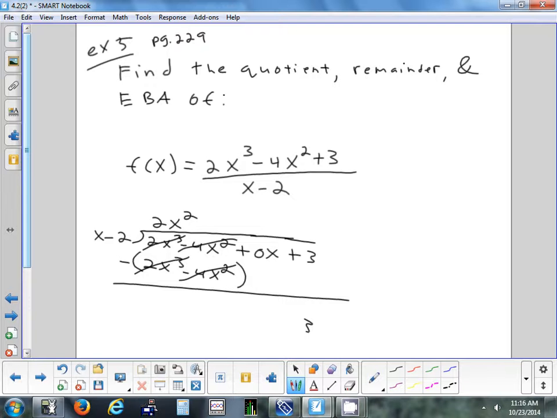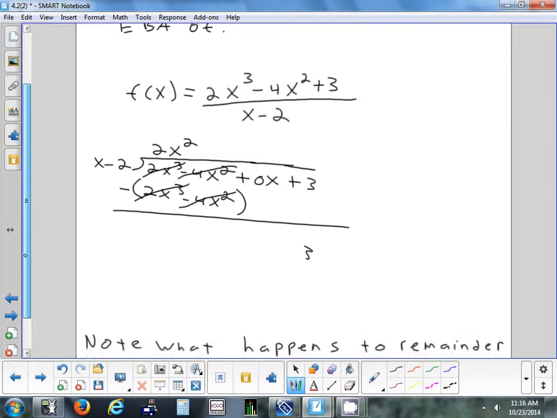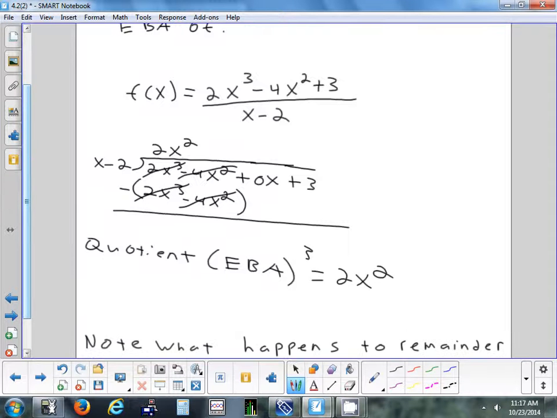So my quotient is 2x squared, and my remainder is the 3 part. Let's write down the quotient, which I'll put in parentheses. That is the end behavior asymptote. They're the same thing: 2x squared.